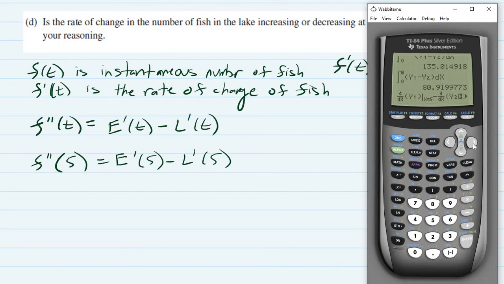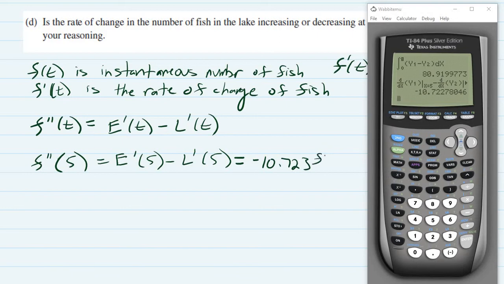Of course, we're evaluating that one also at x equals 5. And we get an answer of negative 10.723. And so we have found that this is negative 10.723, and this is fish per hour squared.